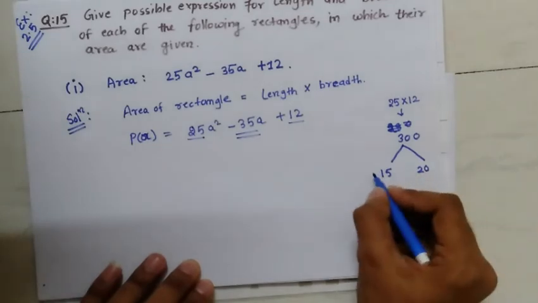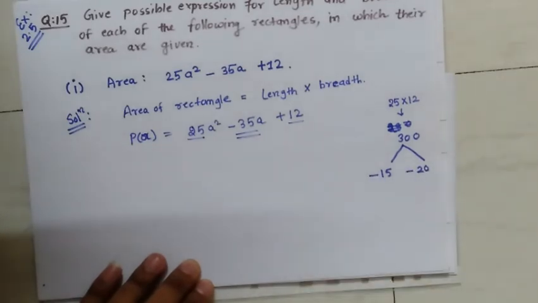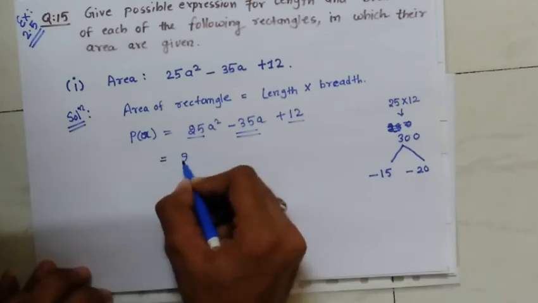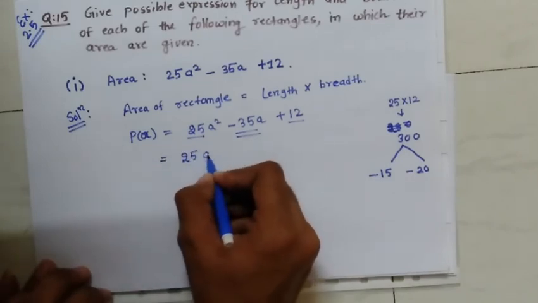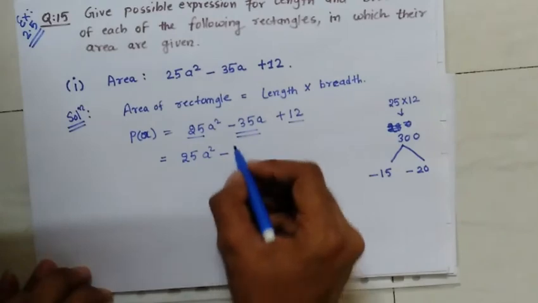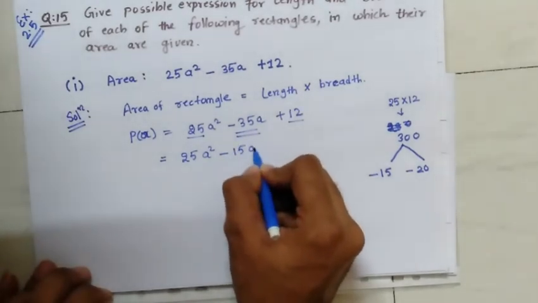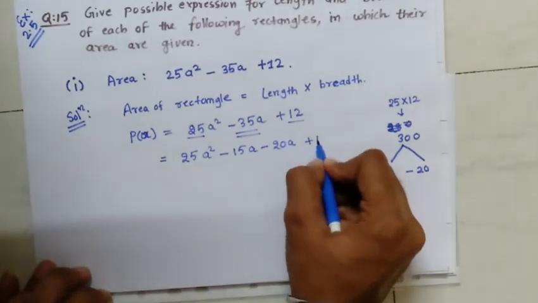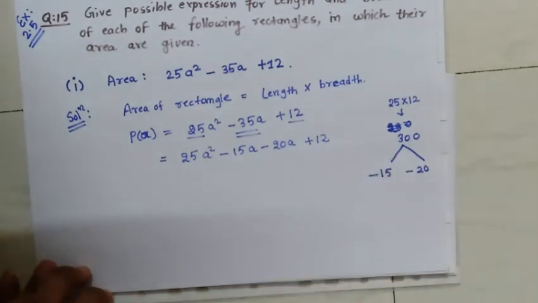For that, we need to put a negative sign here and here. So now we can factorize them: 25a square minus 15a minus 20a plus 12. So our middle term has been split.